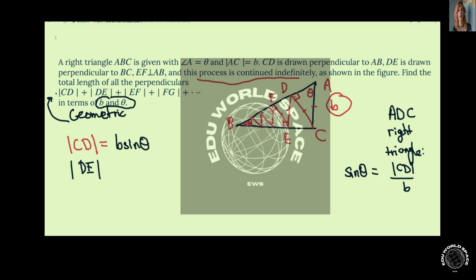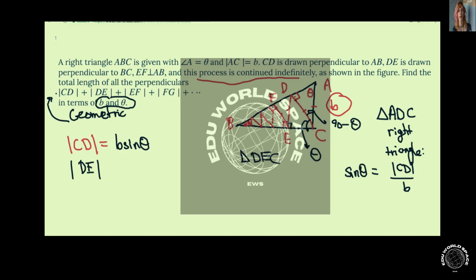This time, you're looking at the triangle DEC, another right triangle. If this angle was theta, go back to triangle ADC. This was angle theta. That's a 90-degree angle. That means this angle here is 90 minus theta, but that must mean that this angle down here is theta.